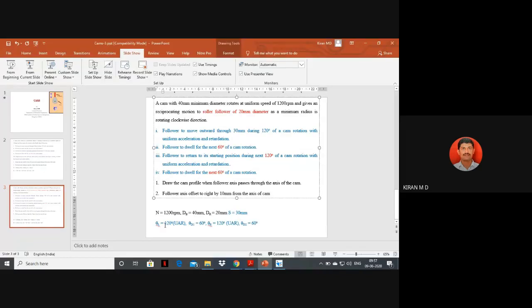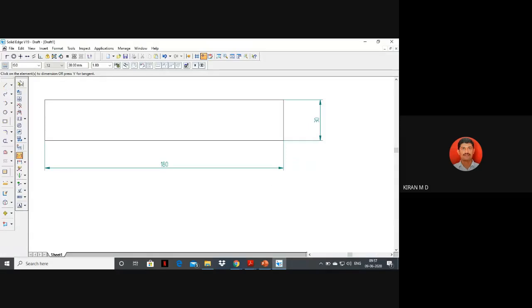First, theta lift is 120 degree. So for that 120 degree means here we need to consider 60 mm. Okay. So this is actually 120 degree. So I will write 120 degree.